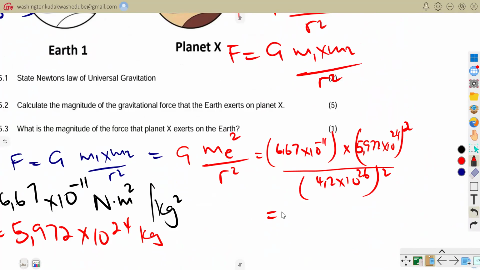So what is left is just us and our calculators, how we would be able to calculate that. So let's punch in our calculators so that we can find our answer. Let me just punch in my calculator, and then we'll compare the answers that you would have managed to get.